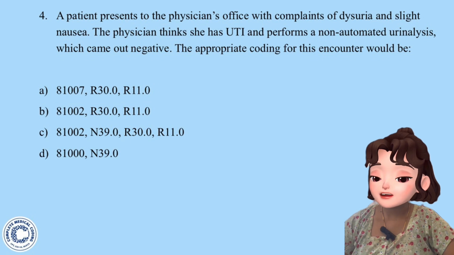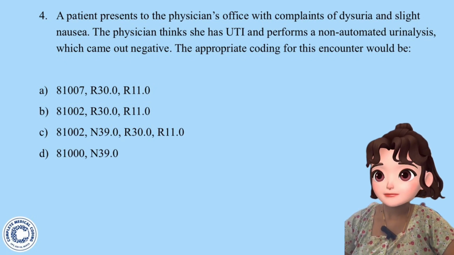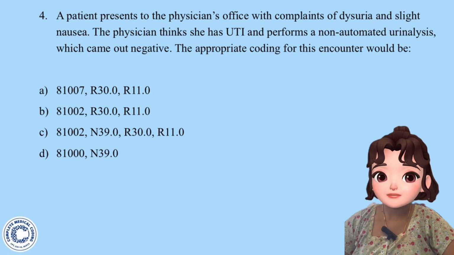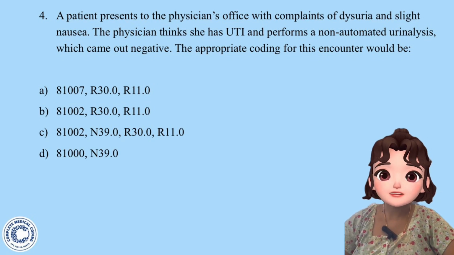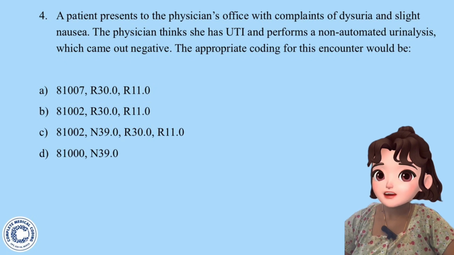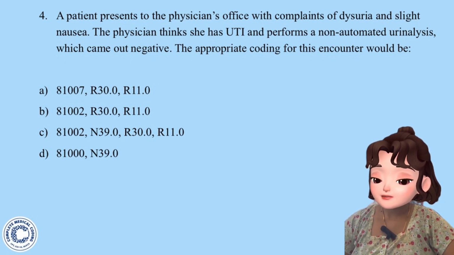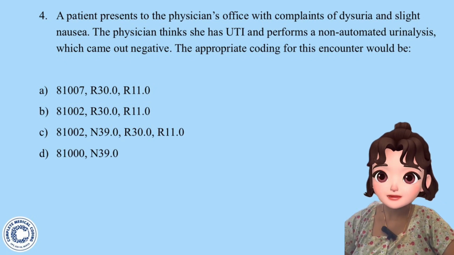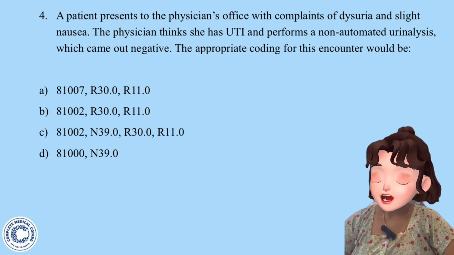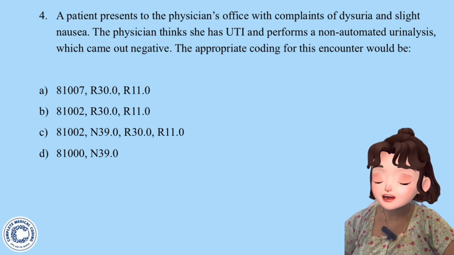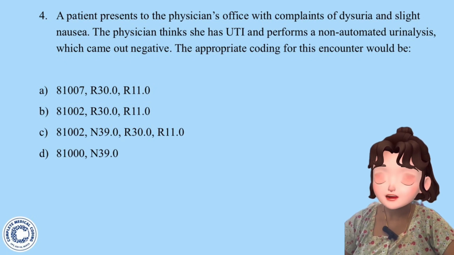urinalysis by dipstick or tablet reagent for bilirubin, glucose, hemoglobin, ketones, leukocytes, nitrite, etc. Non-automated with microscope. If it is with microscopy, it will be mentioned in the question. Here it's not mentioned, so it means it's without microscope. Okay. And 81002 is non-automated without microscopy. And 81007 is urinalysis, bacteriuria screen, except by culture or dipstick. That's wrong.